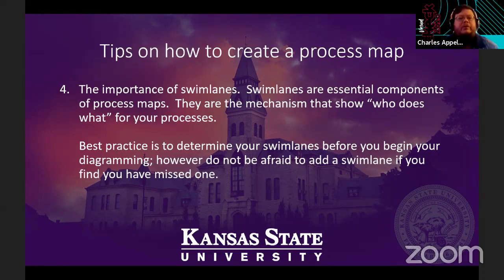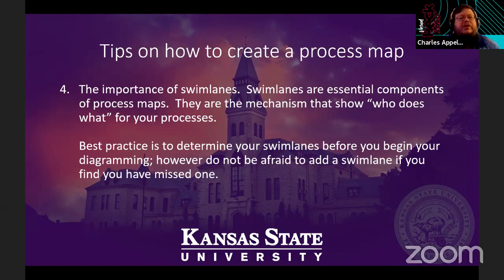If it was something they couldn't resolve, it would move into second tier support. If tier 2 couldn't resolve it, then it would move on to upper tier. With that example, you would have 4 swim lanes. One for the customer, because that's where it starts. You would have our help desk, which would be our tier 1, and our tier 2 and tier 3 would be the other lanes. These are really important because they are the way you designate who does what at the team level. You could do it for the individual level too, if you wanted something that fine grained, but usually it's at the team level.